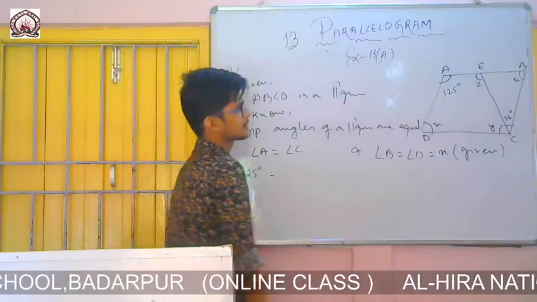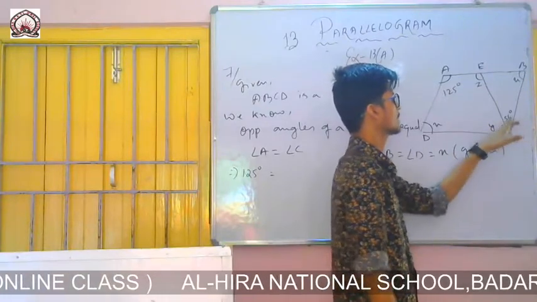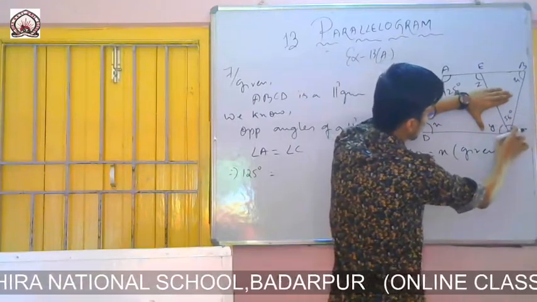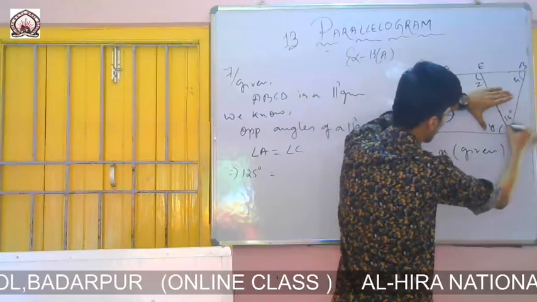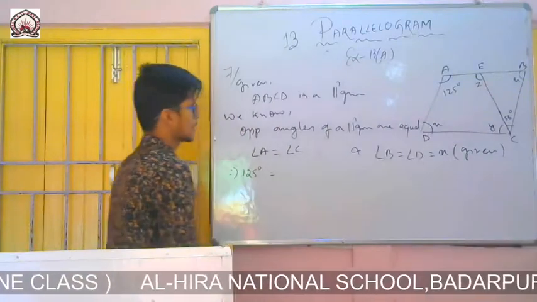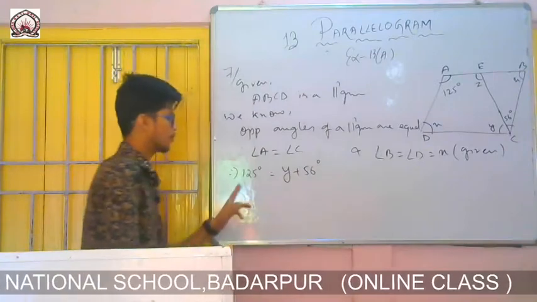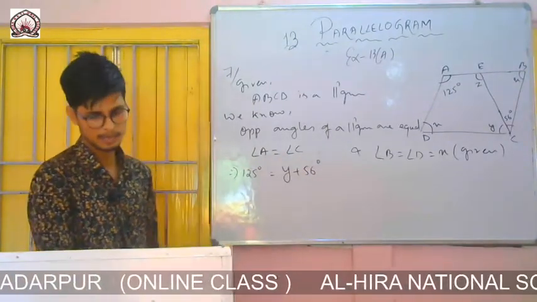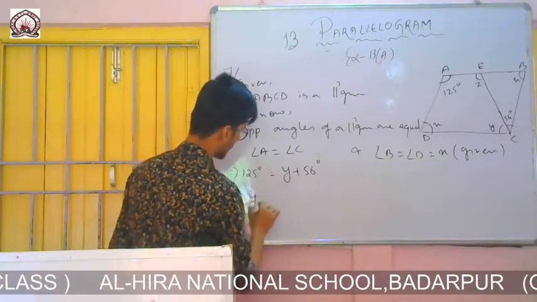And C, it is of two parts. One is angle Y, another one is angle 56. If I simply add these two parts, it will be one angle. Just if I remove this line, you see, it is one angle. So it is only divided by this line. That means this one plus this one will be equals to 125. So I can write Y plus 56 degree equals to 125. Angle A equals to angle C. Implies, let me bring this 56 to the other side.